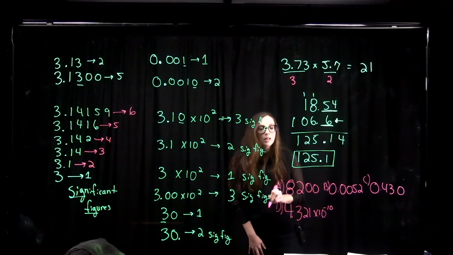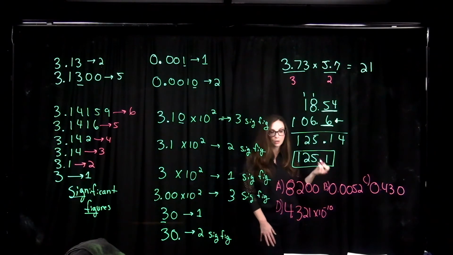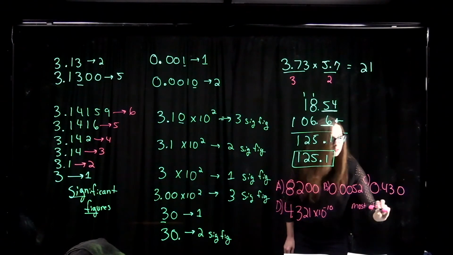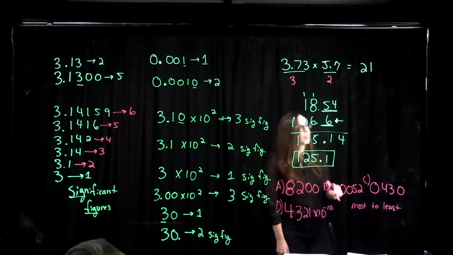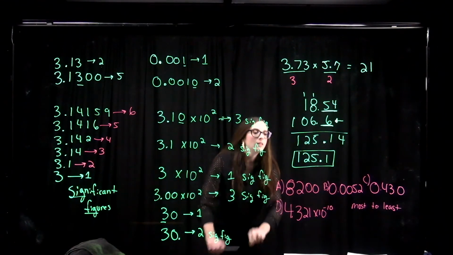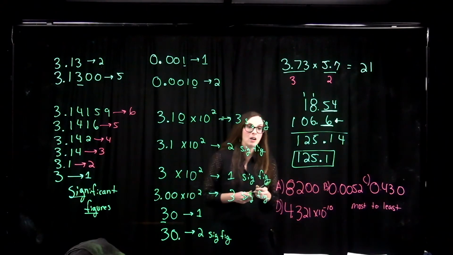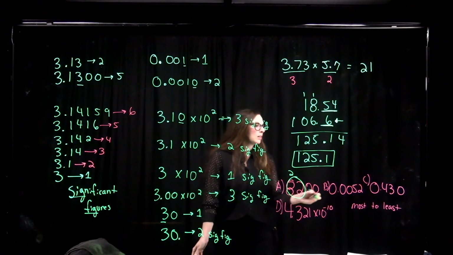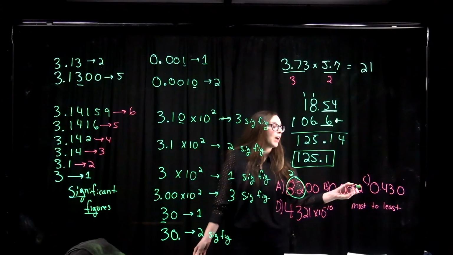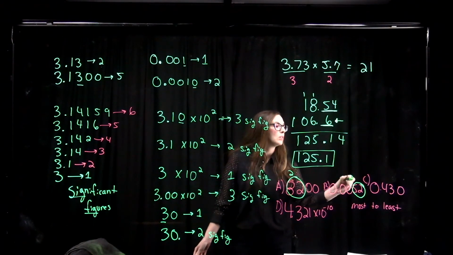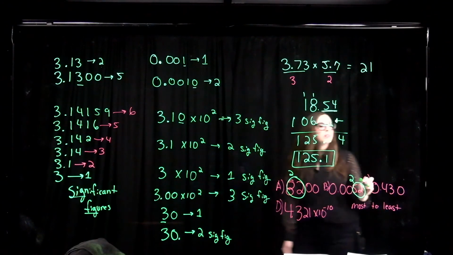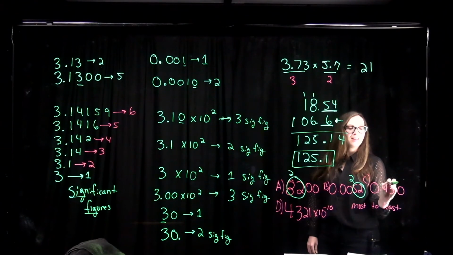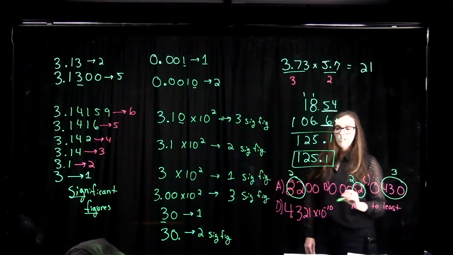Okay, so if we rank those in order from most to least number of significant figures, let's think about that. Well, this first number, 8,200, only has 2 significant figures. 0.0052, this one also has 2 significant figures. 0.430, that 0 out here is significant, so this number has 3 significant figures.